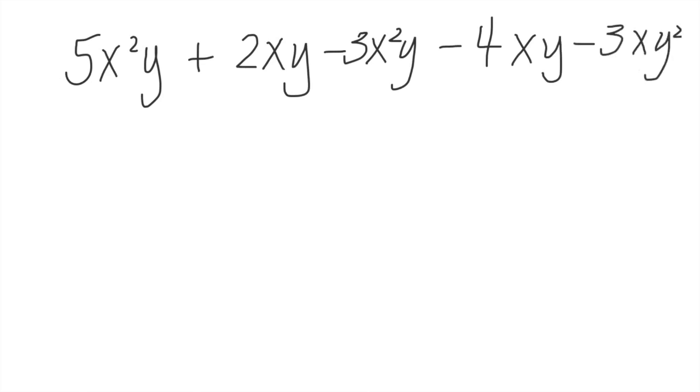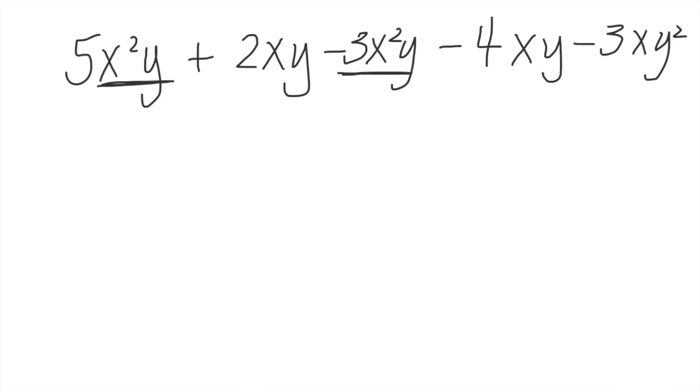Okay, with this, what we're looking for is the exact combination. x squared y, x squared y, okay? So it just looks more complicated. You just have to be a little more careful with these, all right?